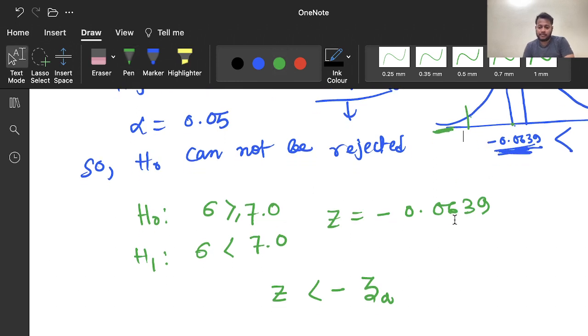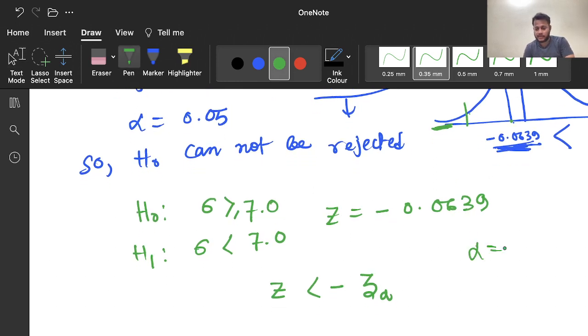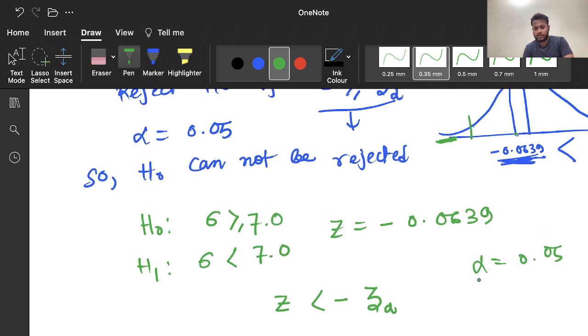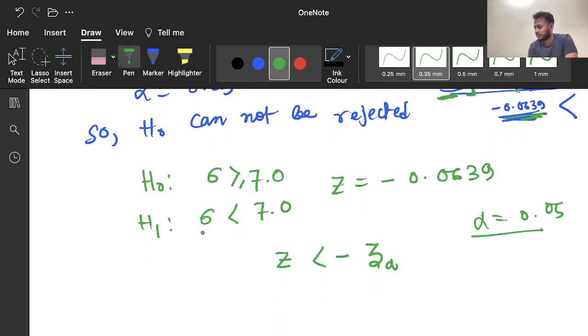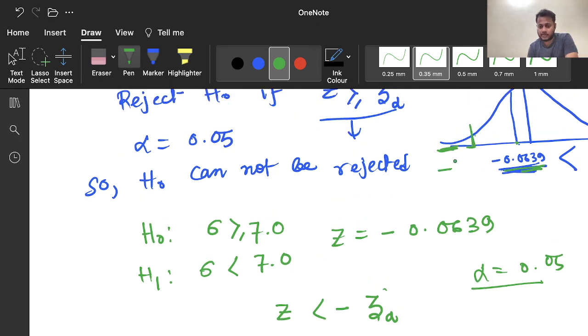Suppose alpha is 0.05, so alpha 0.05 will be here. That means this is already higher than any significance level alpha. Suppose this is minus z alpha; you see minus z alpha will always be less than this number.